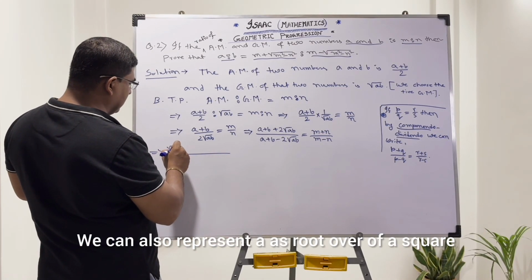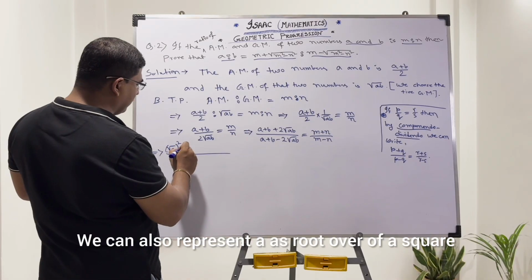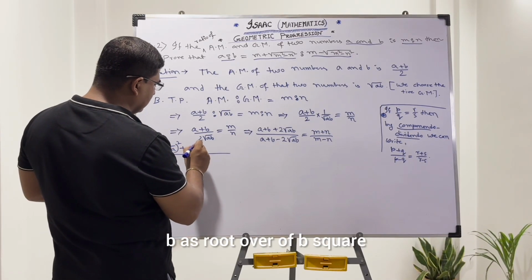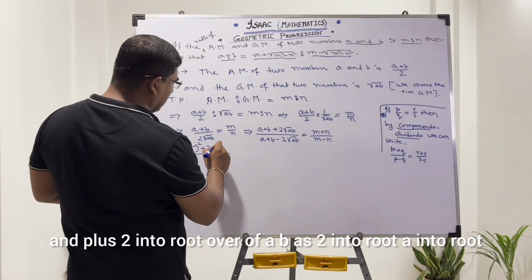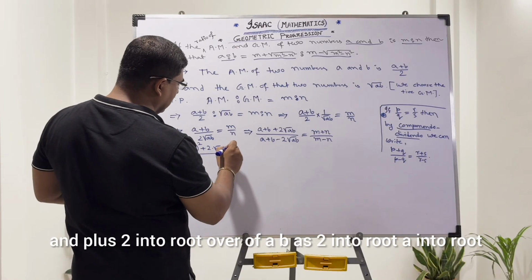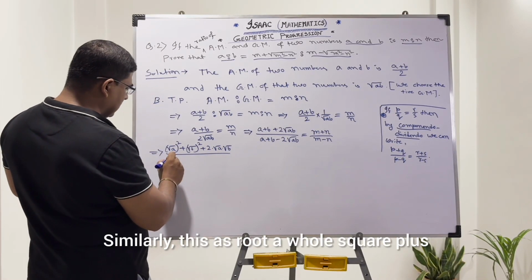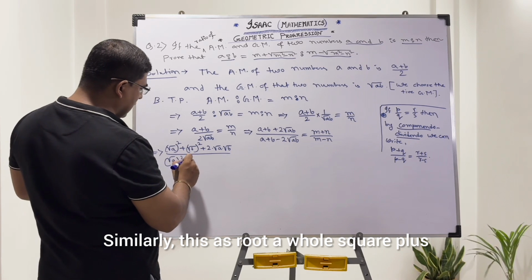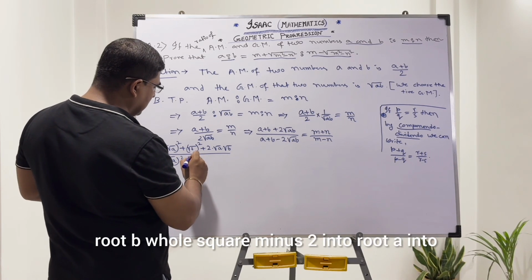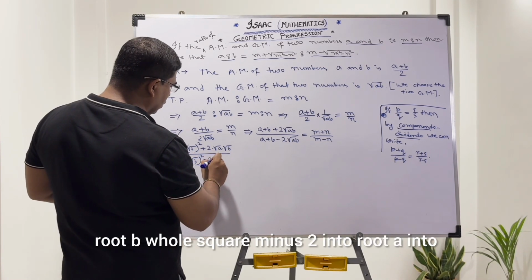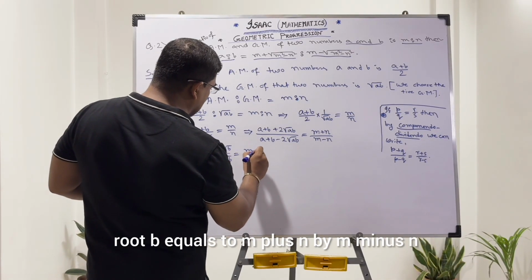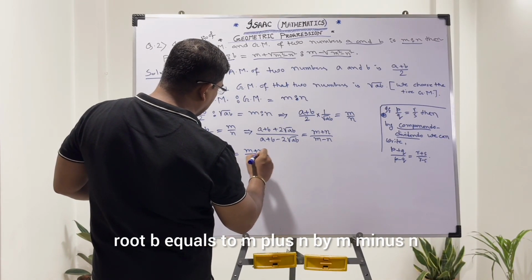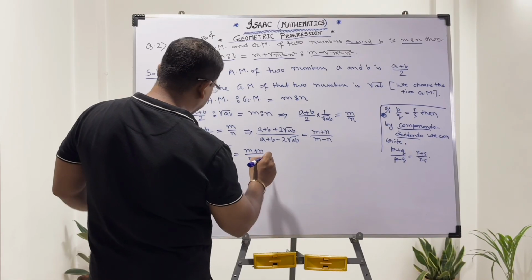We can also represent a as root over of a square, b as root over of b square, and plus 2 into root over of ab as 2 into root a into root b. Similarly, this as root a whole square plus root b whole square minus 2 into root a into root b equals to m plus n by m minus n.